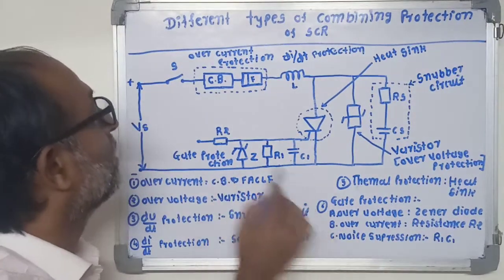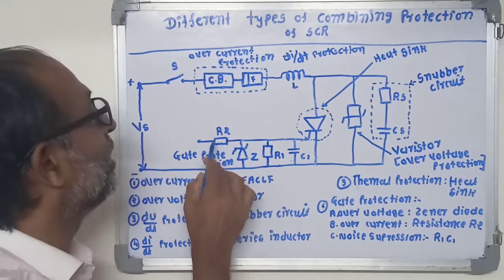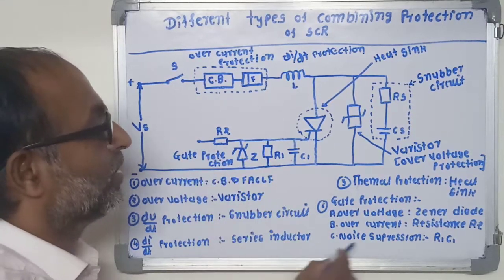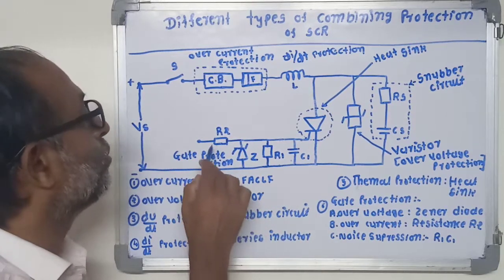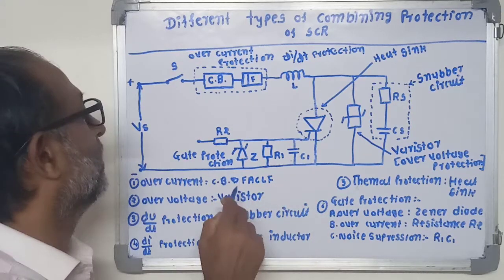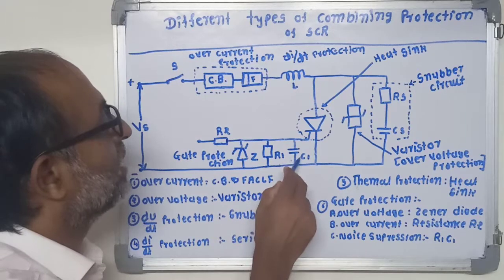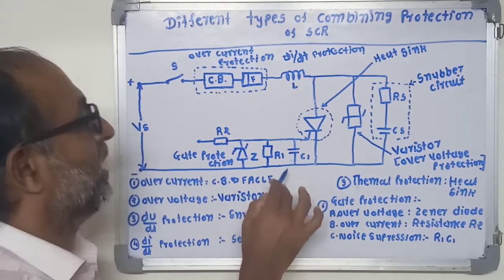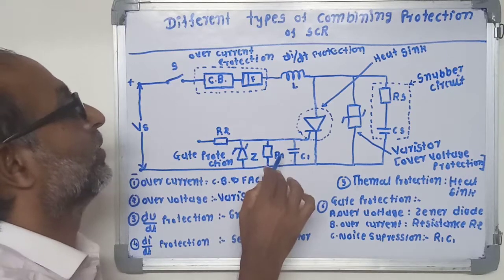For overcurrent, the series resistance R2 is used to limit the gate current. Third, noise suppression. Noise in the gate circuit causes false triggering. So for that we are using resistance R1 and C1 connected in parallel, which provide gate protection for the SCR.